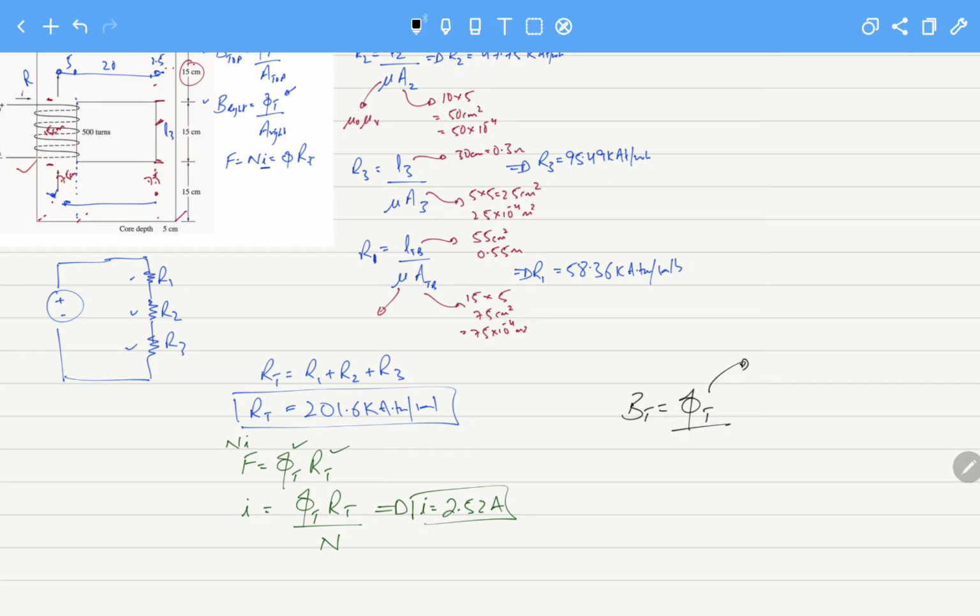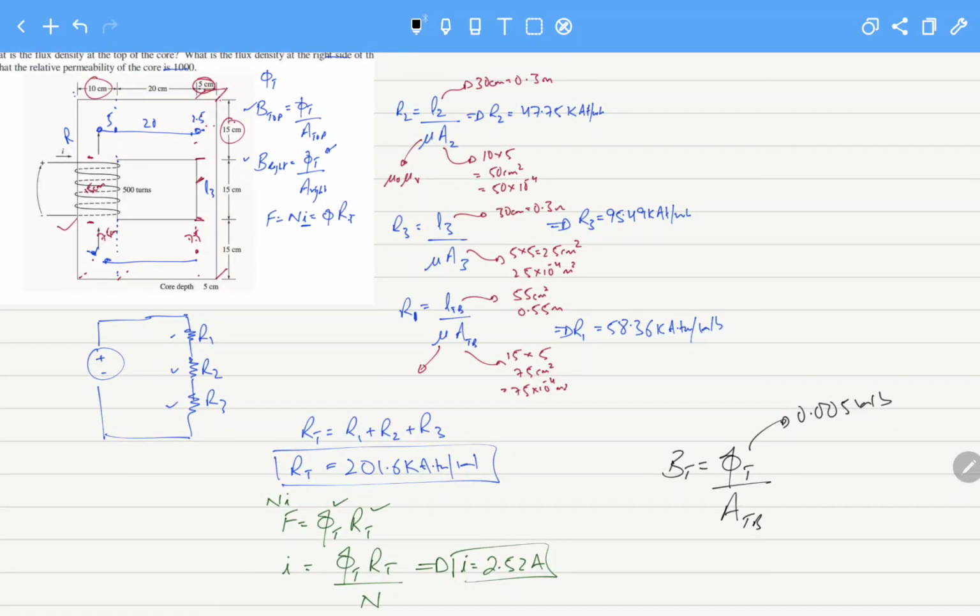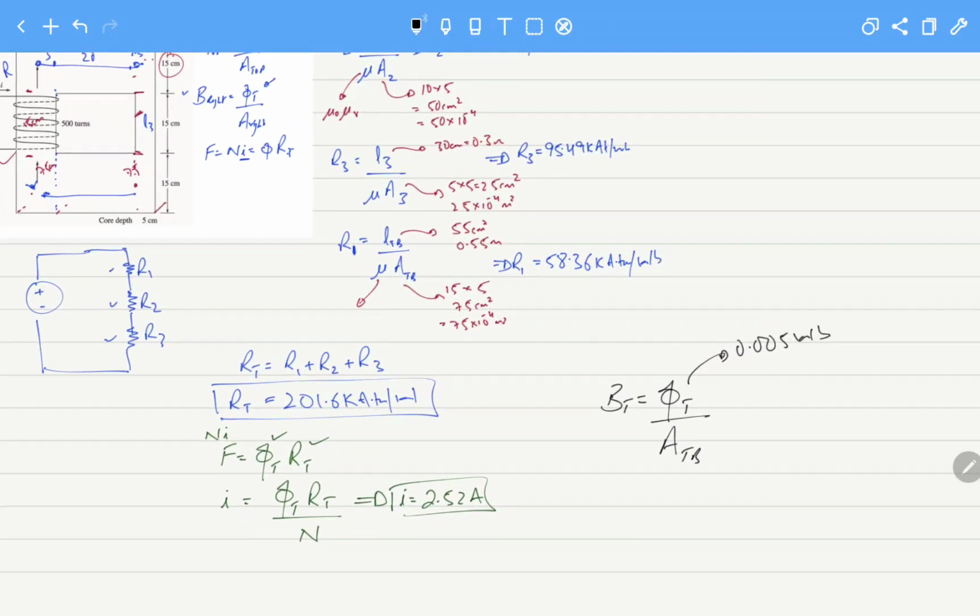What is the value of the total flux? 0.005 Webers divided by the area of the top or bottom. So what is the area of the top? It is 15 into 5, that is 75 into 10 raised to power minus 4 meters square. And this will become 0.67 Tesla.